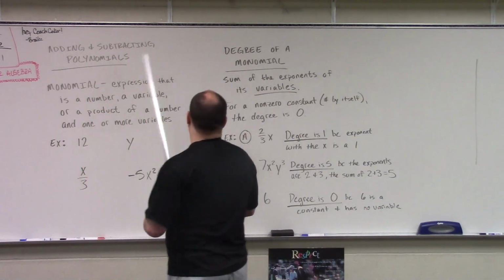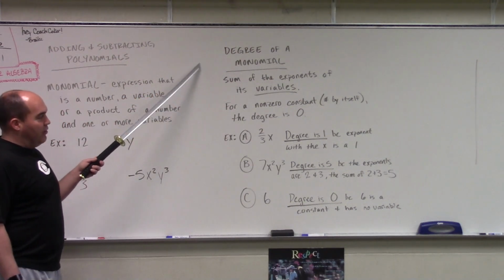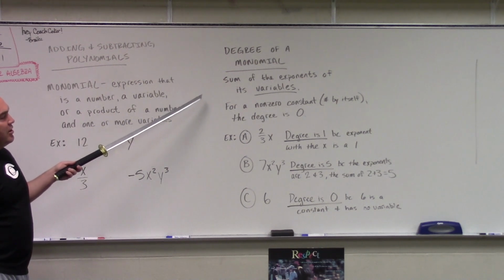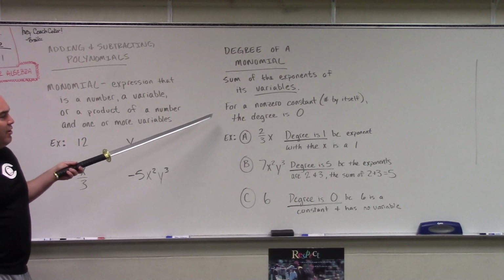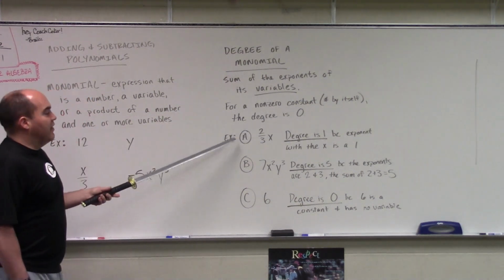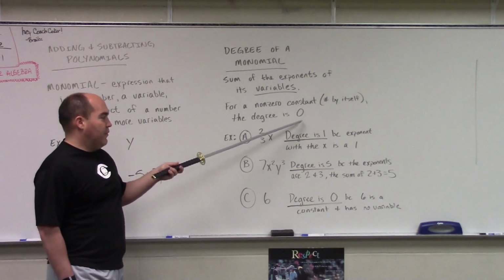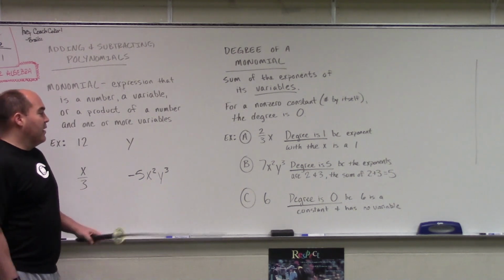Okay. The next thing we got to talk about is the degree of a monomial. The degree is just the sum of the exponents of its variables. For a non-zero constant, which is basically just a number by itself, the degree is 0. So we're going to go through some examples right quick.